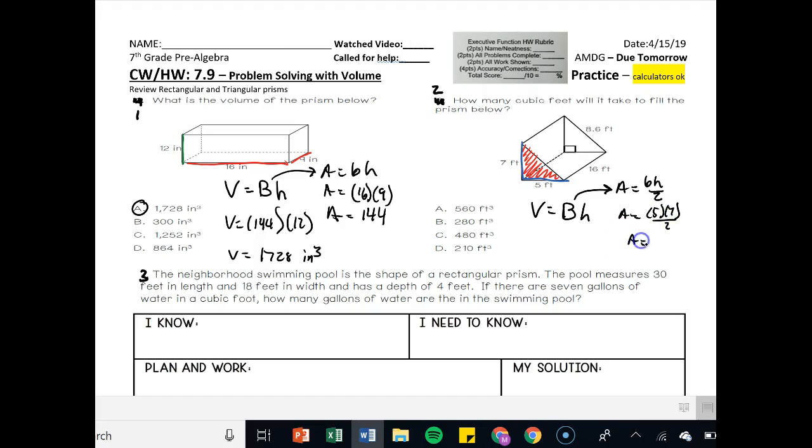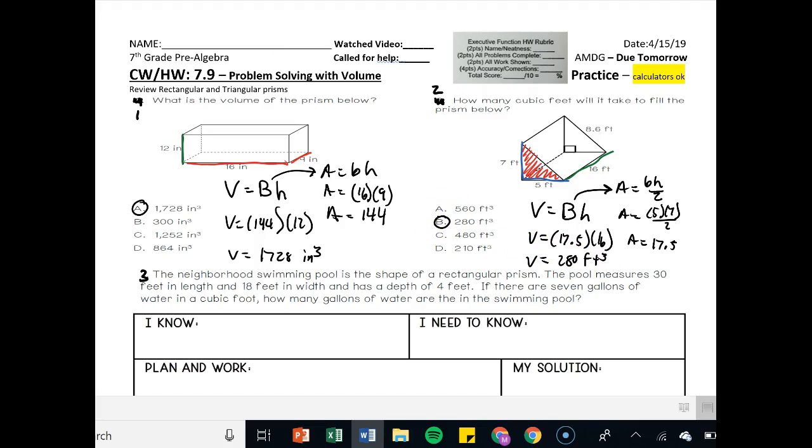So your area of the base is 17.5. You're going to say my base is worth 17.5. Now the height of this, or how far it's extended, is 16 feet. So times 16, the volume of this shape is 280 feet cubed.